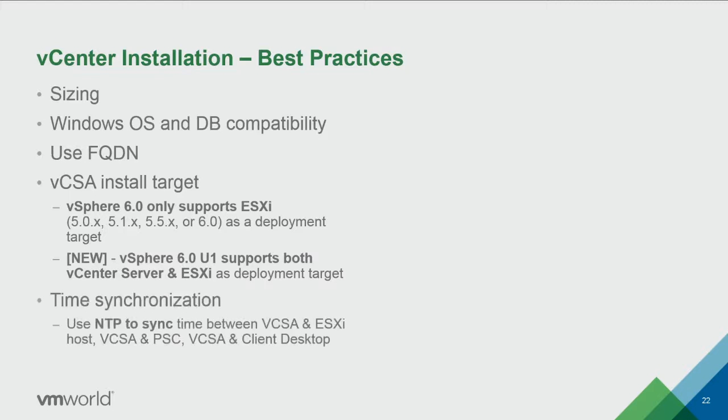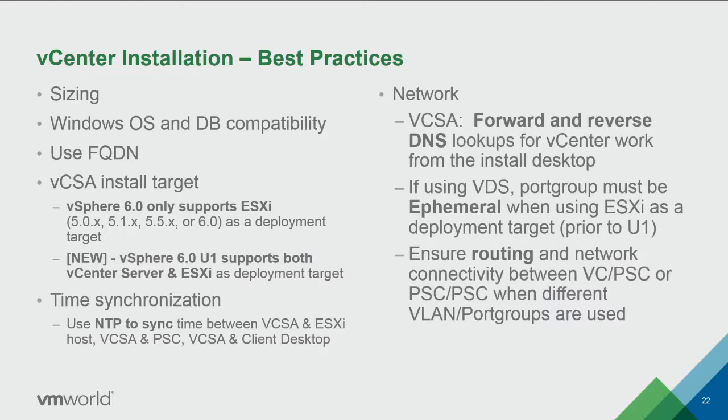And then very important, as in most VMware environments, is time synchronization. All your components, including your appliance, your Windows host, or whatever components you have, should be time synchronized. So make sure you have NTP enabled and talking to a reliable time source to make sure that your time is in sync.